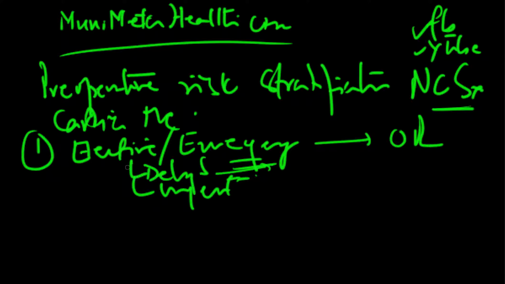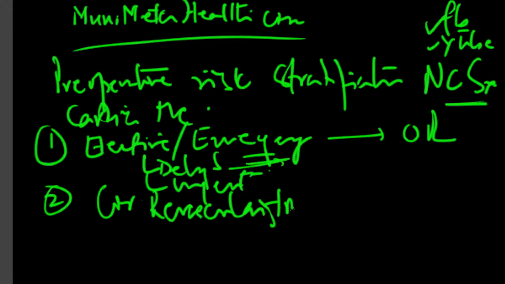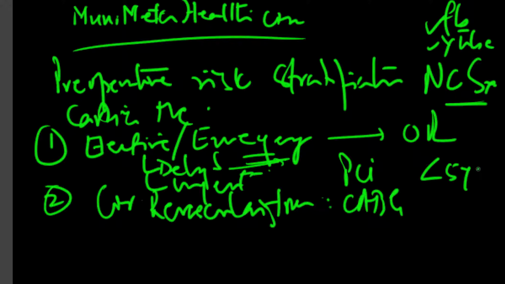So having understood what elective versus emergency procedures are, and I've given you certain examples, try to understand what the second part is: has the patient had any coronary revascularization? Now, this is very important. Why? Because we need to ascertain if the patient has had a PCI, or has had a CABG earlier, and if yes, has it been less than 5 years?